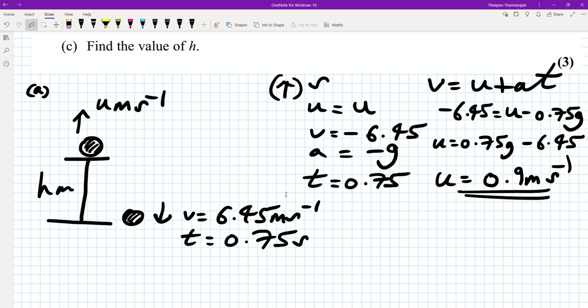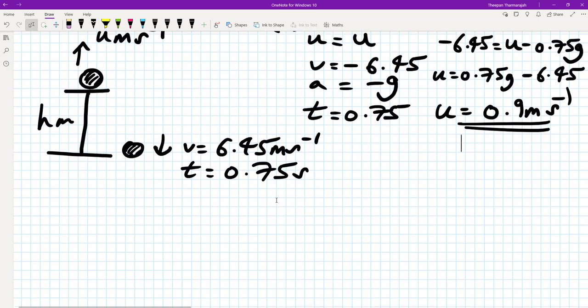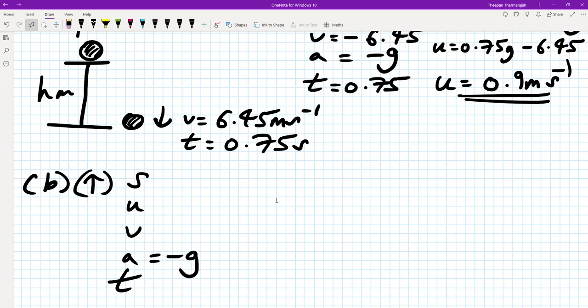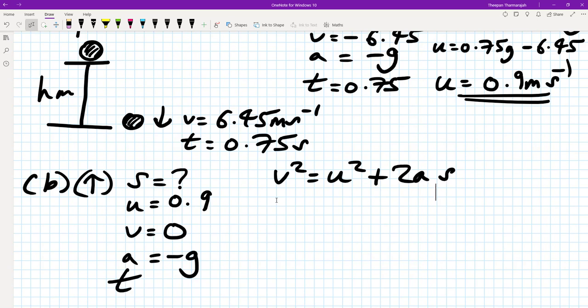Then for part B, we're going to find the maximum height. So again, we're going to do that by SUVAT. So it's minus g. Now we know that u we worked out is 0.9. Trying to work out what the height is, its maximum height, so v must be 0. So v squared is u squared plus 2as. So we can say 0 squared is 0.9 squared minus 2gs.